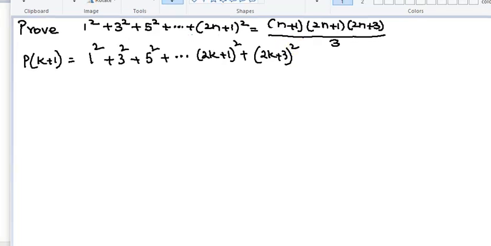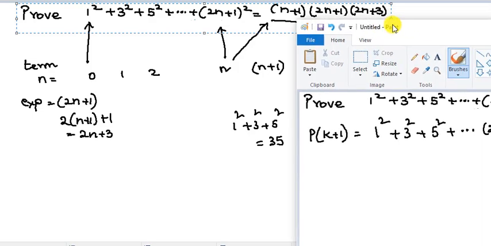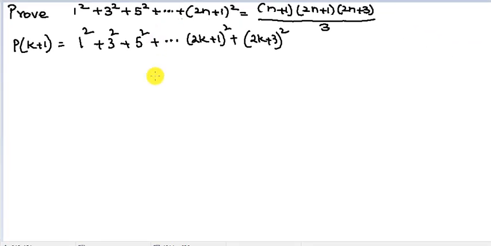You see here, 2n plus 3 is the next term, so we got it. So let's go and put it back here. So what do we have now? So we know this particular term is equivalent to that term, right? This particular term. So let's plug it in.